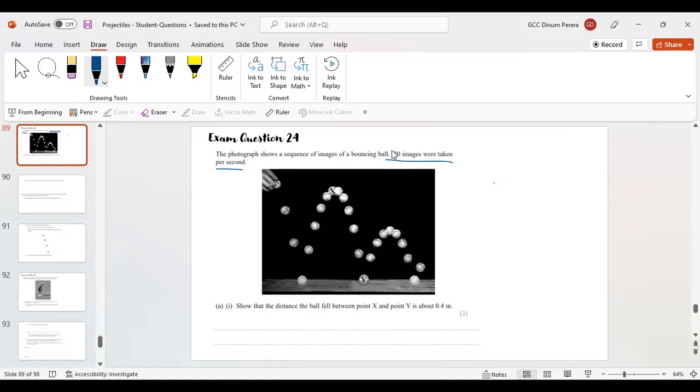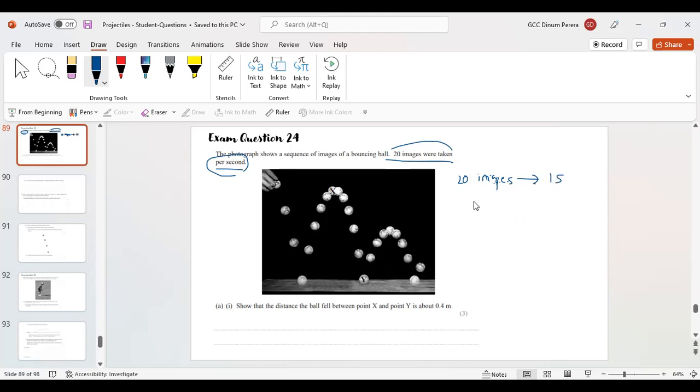So you can use this to find the time. And also we have the images. The time between two images can be found because 20 images were captured in 1 second.